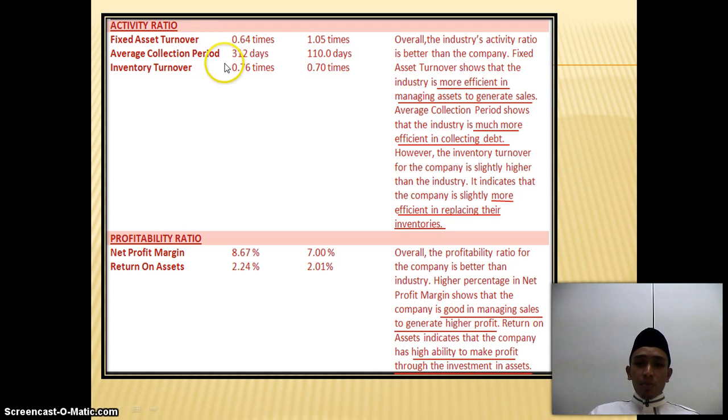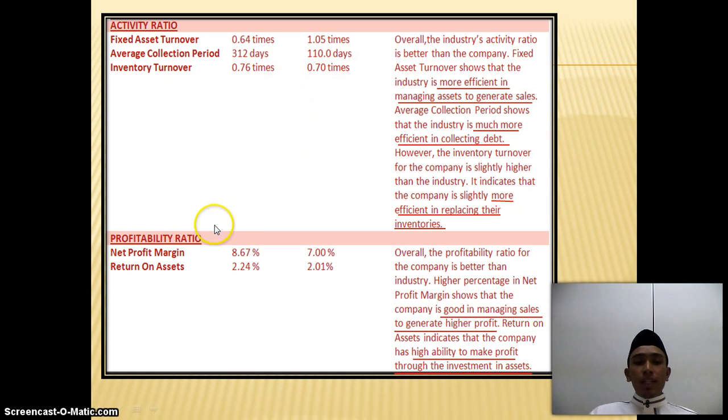And for average collection period, we can see that the industry also is much more efficient in collecting debt. However, in inventory turnover, we can see that the company is slightly more efficient in managing their inventory, because the inventory turnover of the company is higher than the industry.